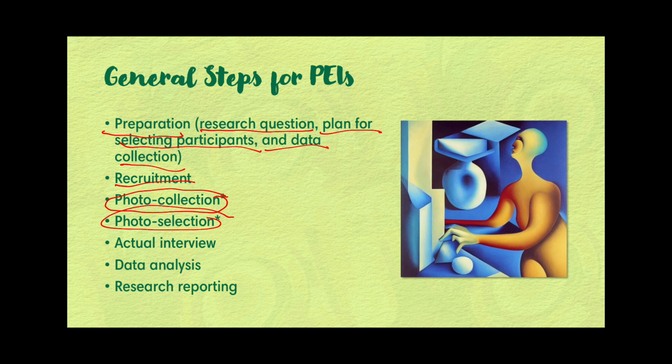You might also need to edit your interview guide so that it really flesh out what you want from the photo and the phenomenon that you want to explore. But for participant-driven, recruitment happens first because the photo collection is done by the participants.